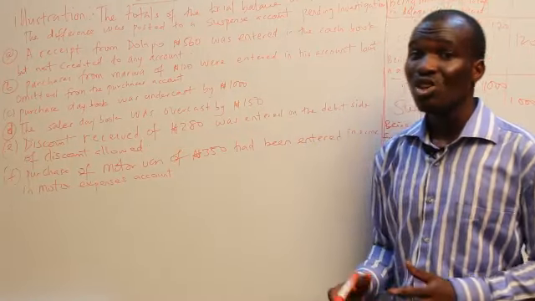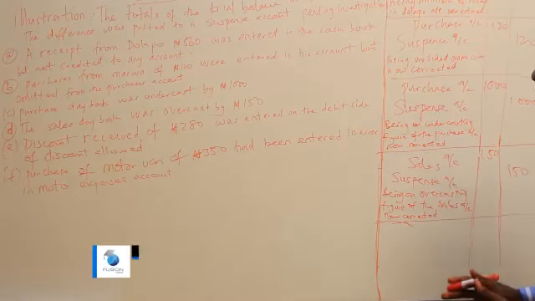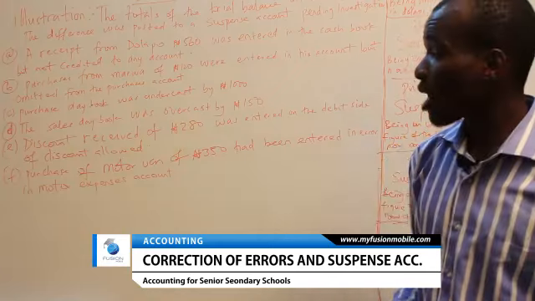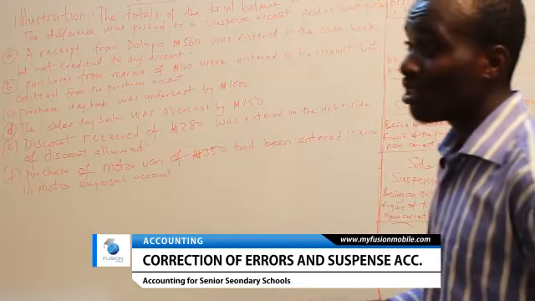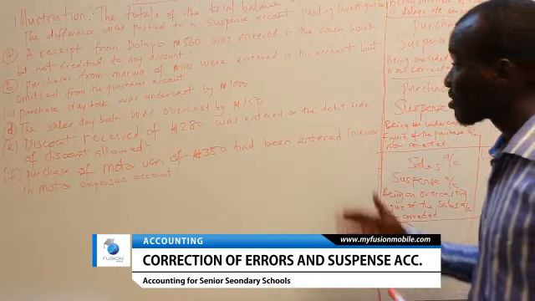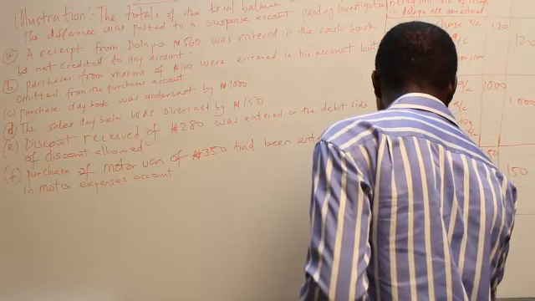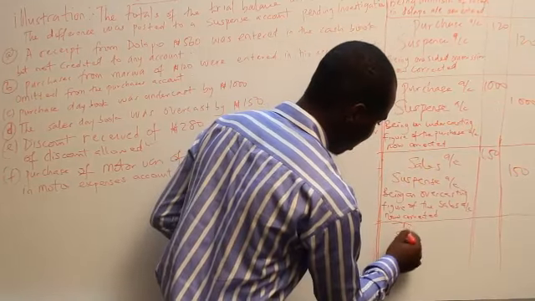But what happened? It was debited rather to the discount allowed account. So what are we going to do? We have to cancel this 280 naira from discount allowed account. For us to cancel that, we have to credit the discount allowed account for it to be cancelled. So we have the discount allowed account.